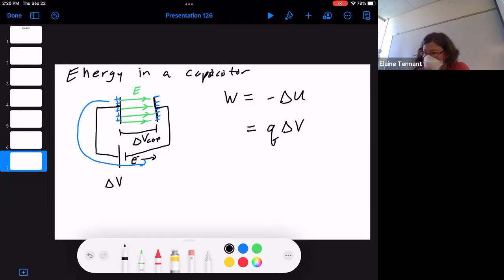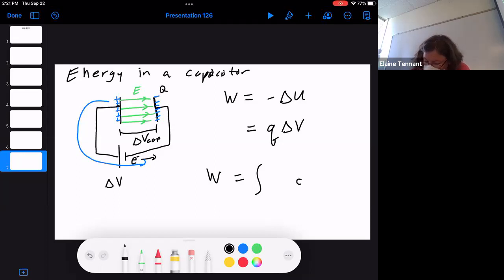So what we're going to do is calculate the amount of work it takes to push charges across a potential difference. So we're going to write this like this. We're going to say there's some total amount of charge, Q here, and that's the charge on the capacitor.